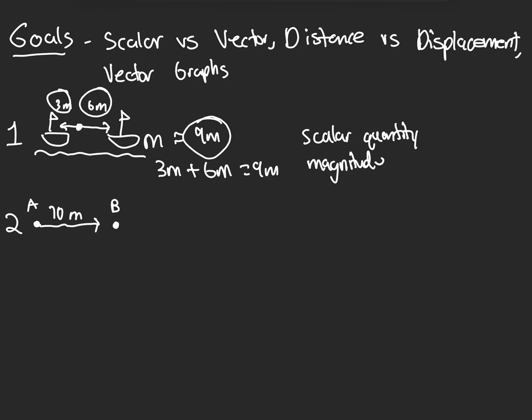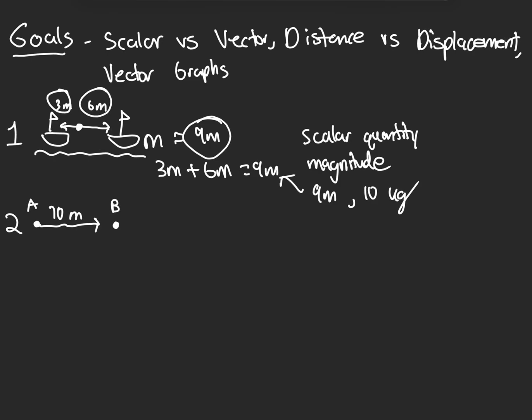As a short reminder, magnitude shows how large or small a value is. So for instance, magnitude would be like 9 meters, right? That's literally this. Another value would be like 10 kilograms. These are examples of scalar quantities.